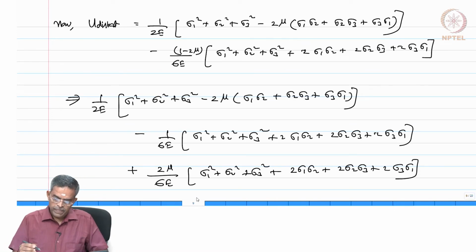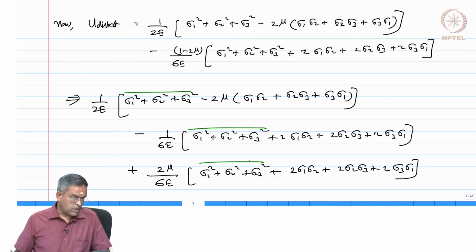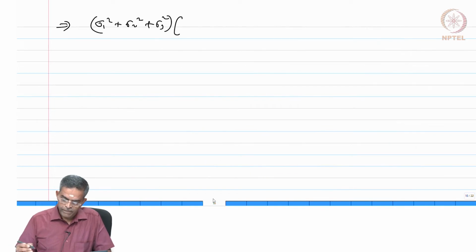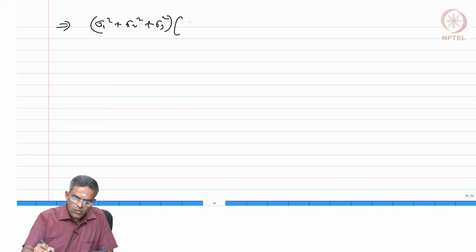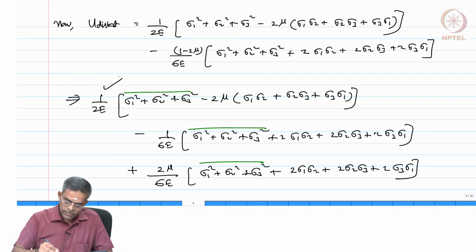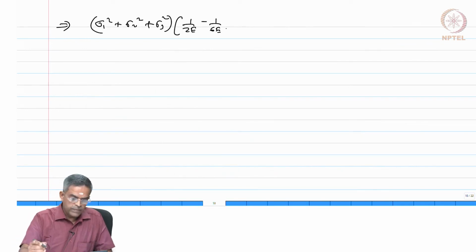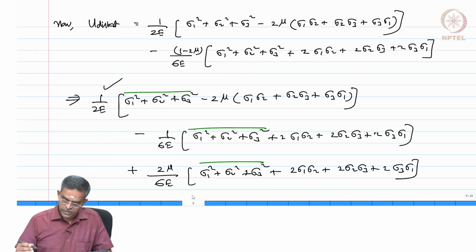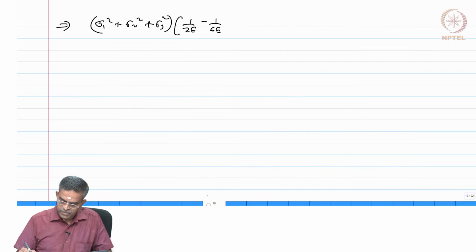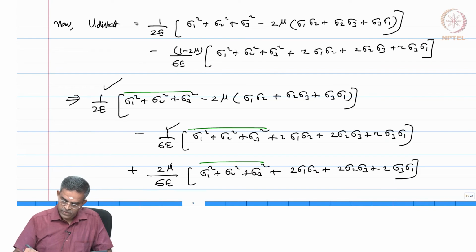If I take these terms common, then I can say, which will be 1 by 2E, which is this term, minus 1 by 6E, which is this term, plus 2μ by 6E, which is this term, is it not?